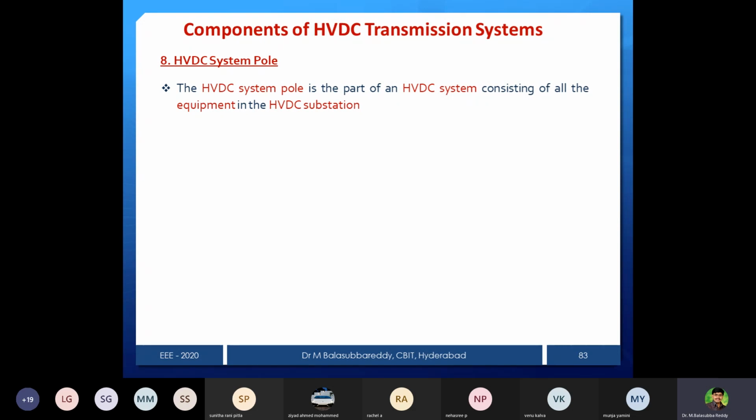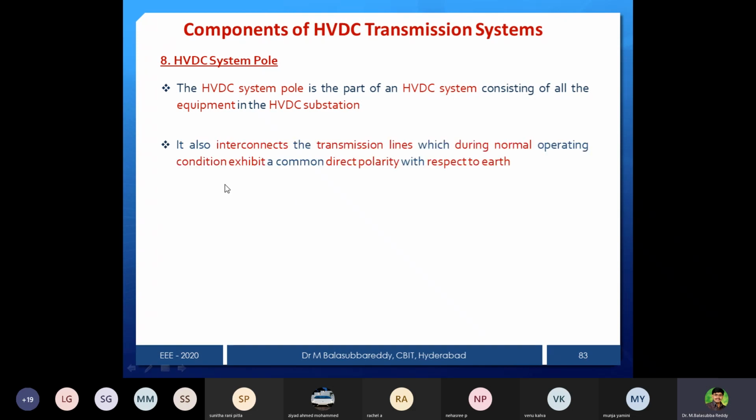A negative conductor automatically reduces corona, compared with the ionization of a positive conductor. Corona will be one of the topics anyhow; it is the last topic of this unit. Poles also interconnect the transmission lines which, during normal operating conditions, exhibit a common direct polarity with respect to the earth. That is what poles are.